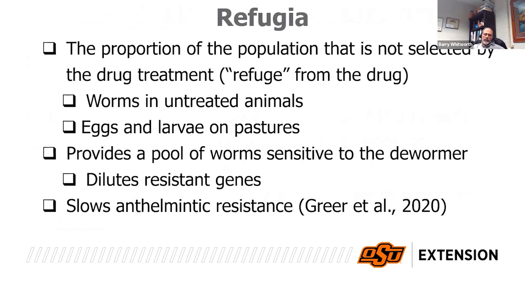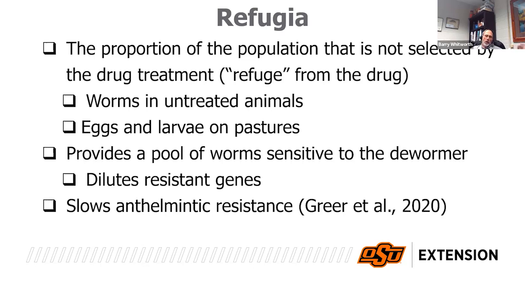Refugia, keep that in mind. That's the purpose of that, trying to protect our dewormers and keep them around as long as we can, because we don't have any new ones on the market and none in the foreseeable future. But refugia is just that population that's not getting exposed to your dewormer, and it's sensitive to that dewormer.